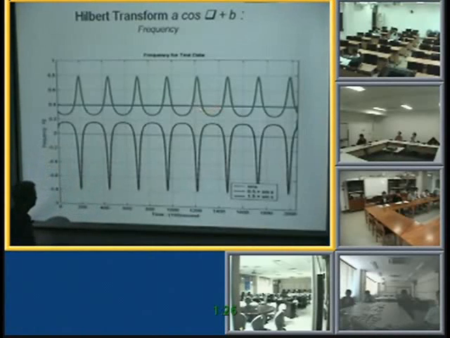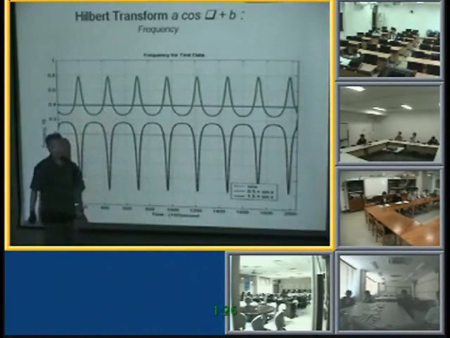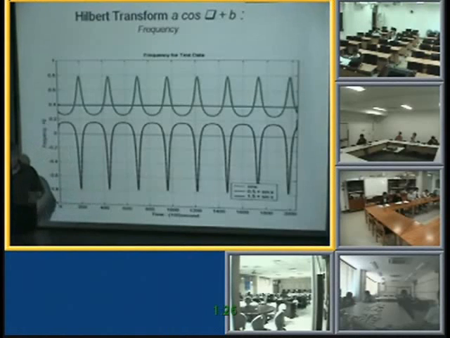This is the constant frequency. And the green line is still right if I average over exactly one wavelength. But if I miss that exact one wavelength, then I will not have it right. So this is something that we cannot accept. So obviously, if we use the full Hilbert transformation without any modification, it's not going to work.